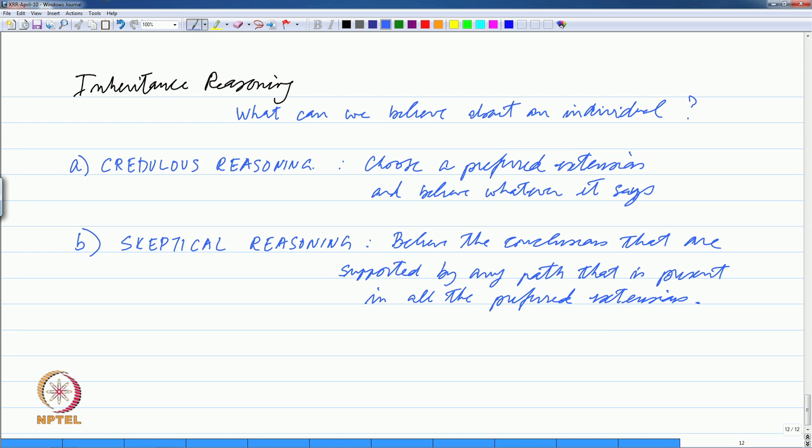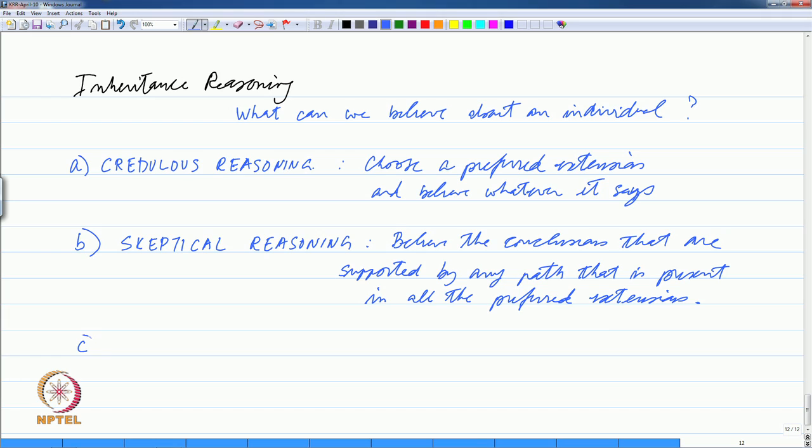So, essentially what skeptical reasoning is saying is that if all preferred extensions have a particular path which supports something that I am trying to believe, that A is an X or something like that. If all preferred extensions have the same path, then I am willing to believe that A is an X.